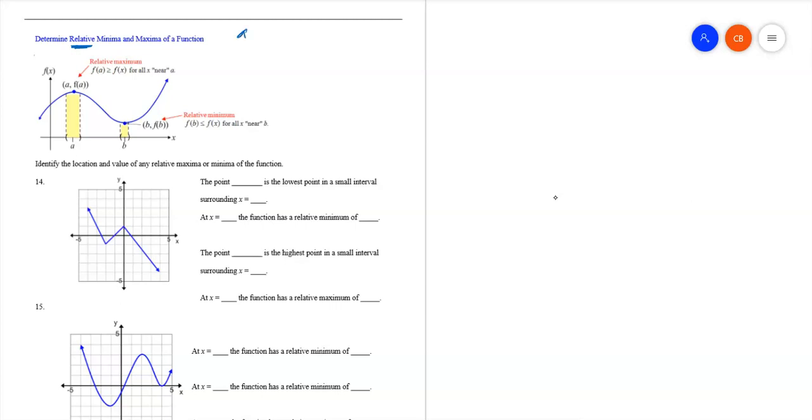There also exists something like absolute. We will call these extrema, like plural of extremum, which is a minimum, maximum. Those are extremum because those are extreme values.